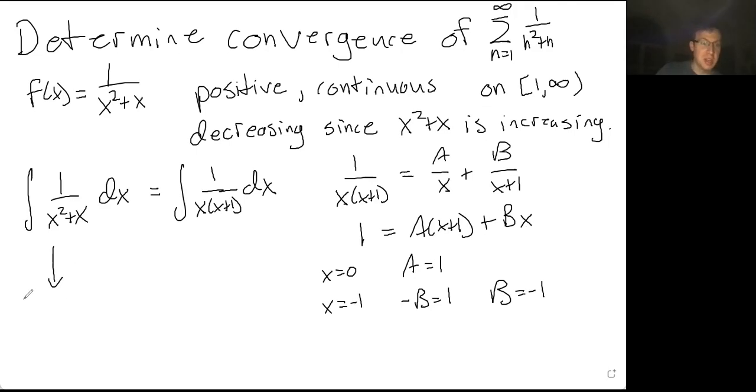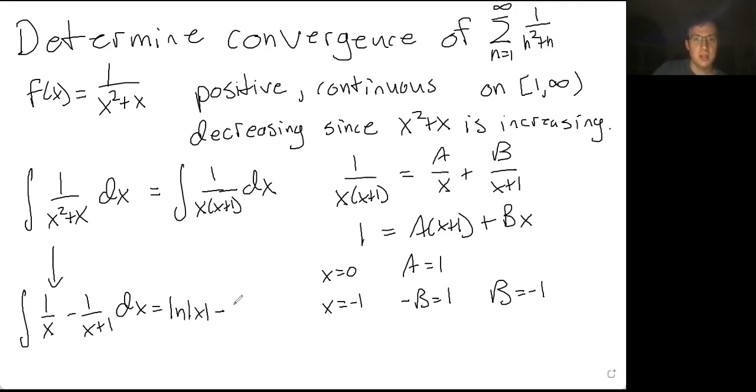That means the integral we're looking for, rather than this single rational function, this is 1 over x minus 1 over x plus 1. And this we can integrate using a logarithm or logarithms.